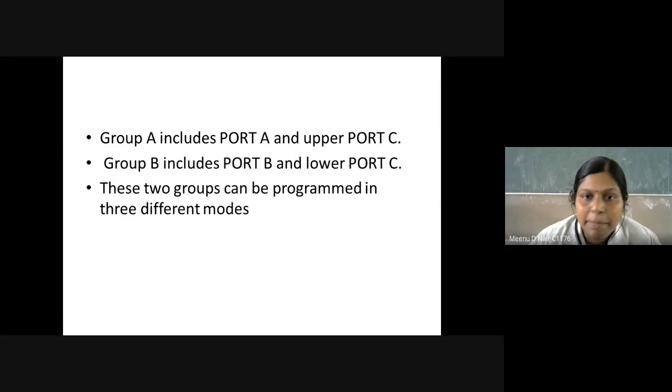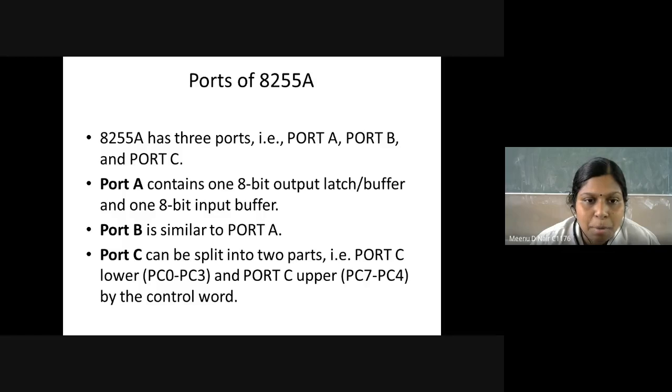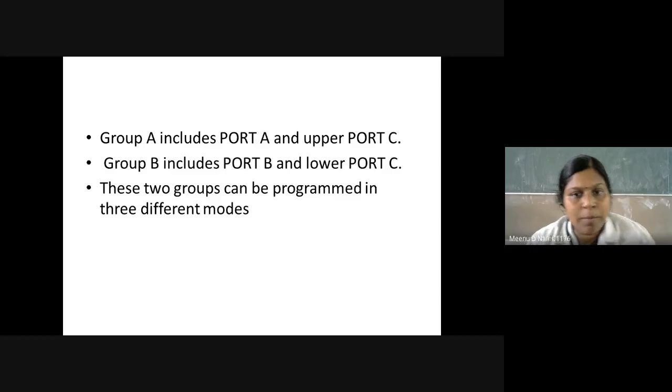So the complete ports A, B, C are again divided into 2 groups: group A with port A and port C upper, and group B with port B and port C lower. Now, I think you are clear with the different ports available in 8255, right?